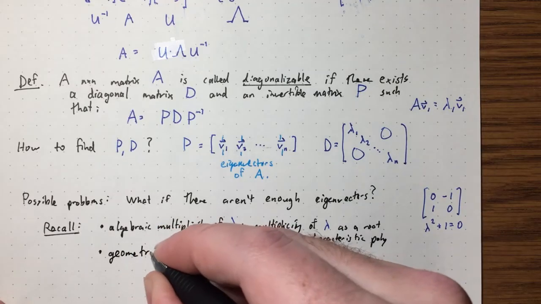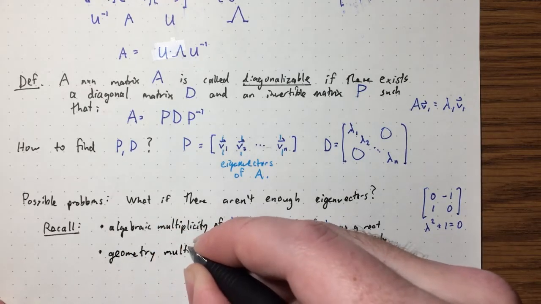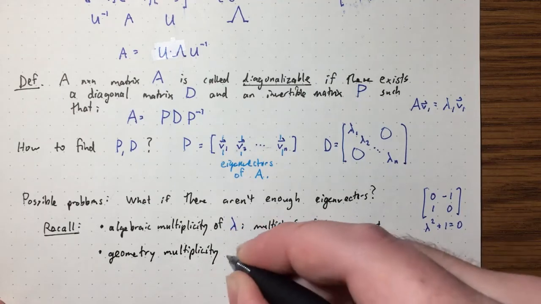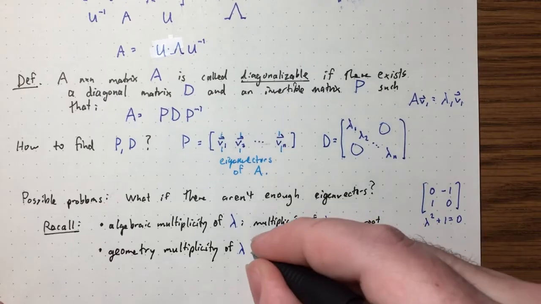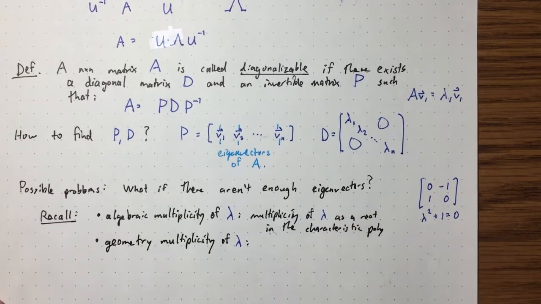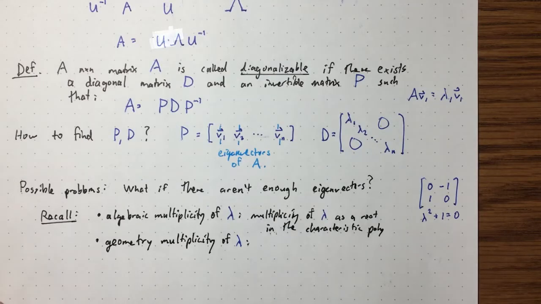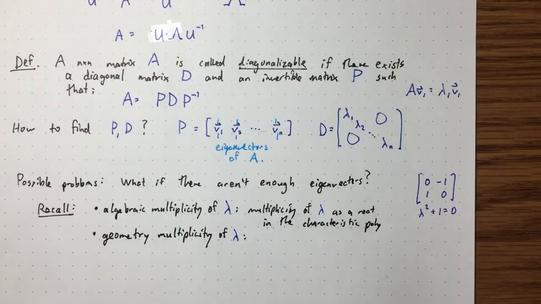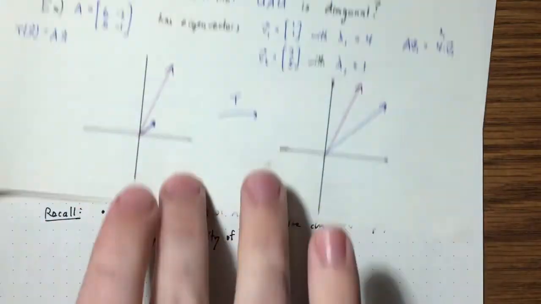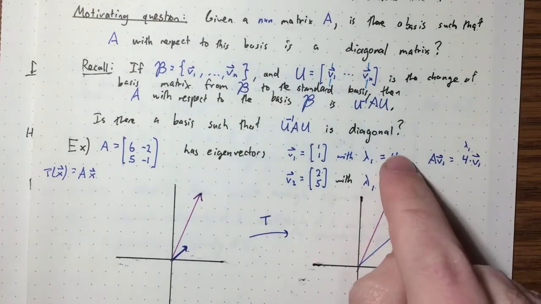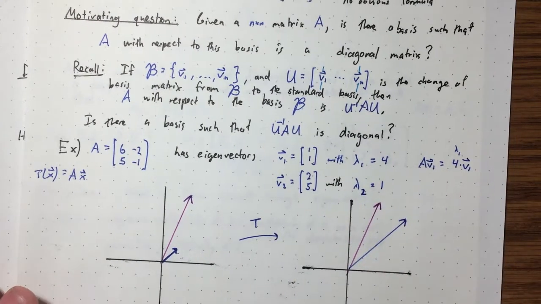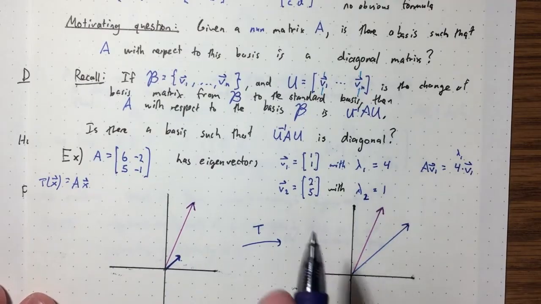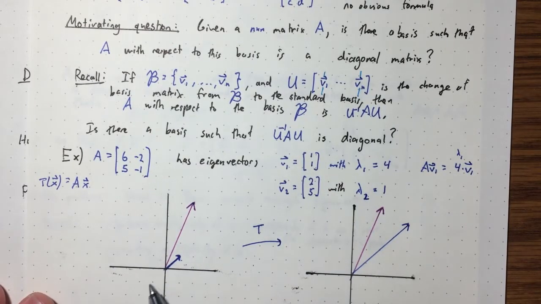But we also had the idea of a geometric multiplicity of an eigenvalue. Well, remember, to each eigenvalue we have a whole space of eigenvectors, and sometimes that space is just one-dimensional, like this example. Why did I put lambda 1 equals 1? It should be lambda 2. But for each lambda, we had a one-dimensional space of eigenvectors.